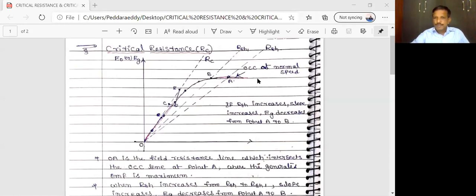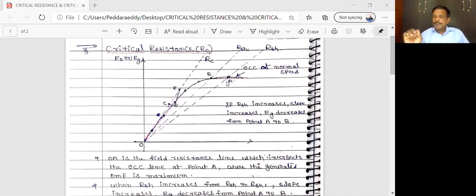So this is the rated value. How do we identify the maximum rated value? Where the RSH line cuts the OCC line. This line is the field resistance line. The field resistance line cuts the OCC line at one point.